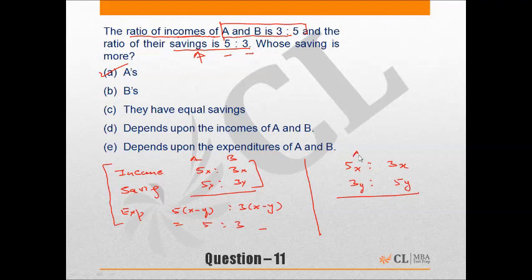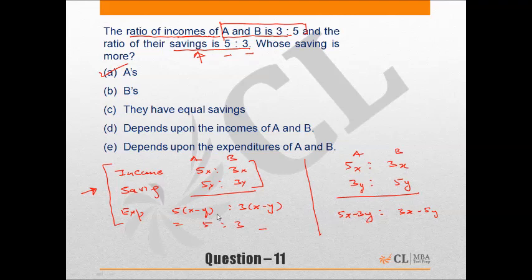Okay, this is for A and this is for B. So ratio of expenditure will be 5x minus 3y is to 3x minus 5y. So we do not know who's saving more, whose expenditure is more. While here we could say very clearly, because x minus y gets cancelled out, in this particular question it may not be possible to say who out of the two A and B has a greater amount of expenditure.